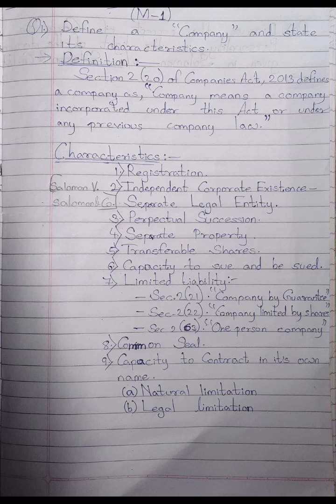Okay, so next, perpetual succession. What is this? Perpetual succession means that the members of a company may keep changing from time to time, but that does not affect the company's continuity. Next, separate property.